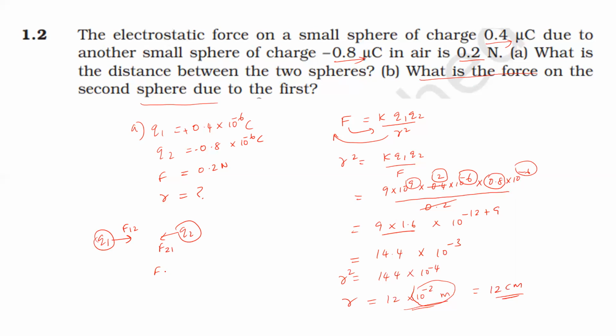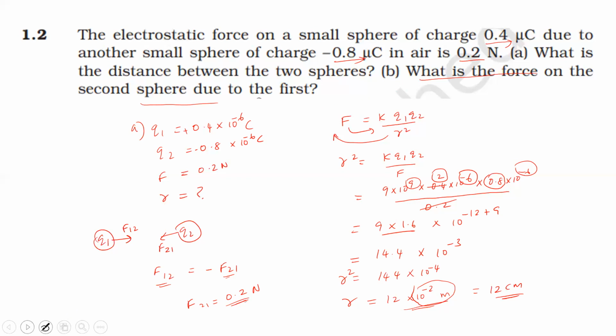That means force on first sphere by second sphere is equal to minus of force on second sphere by first sphere. So the direction is opposite but the magnitude is equal. So the force on the second sphere due to the first sphere is the same as the force on the first sphere by the second sphere, that is 0.2 Newton. So for the second part the answer is 0.2 Newton.